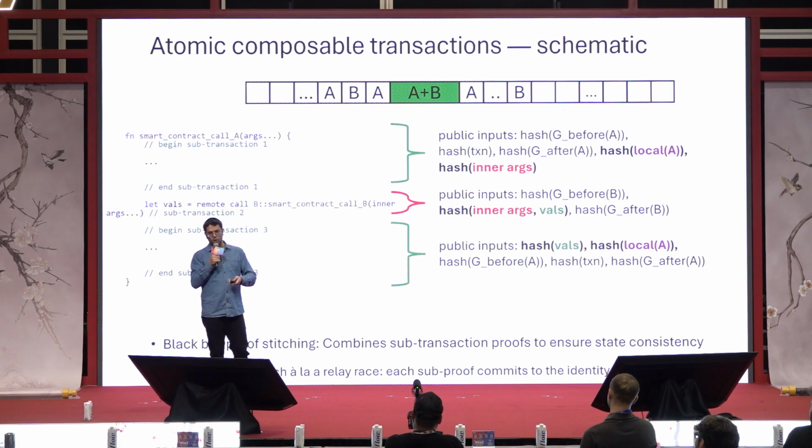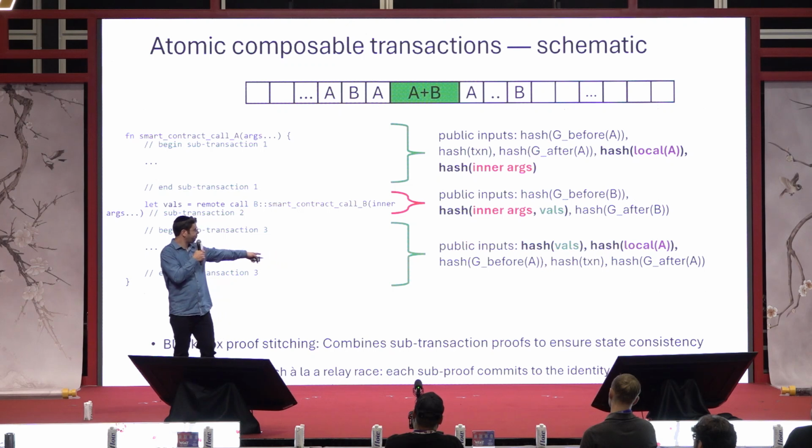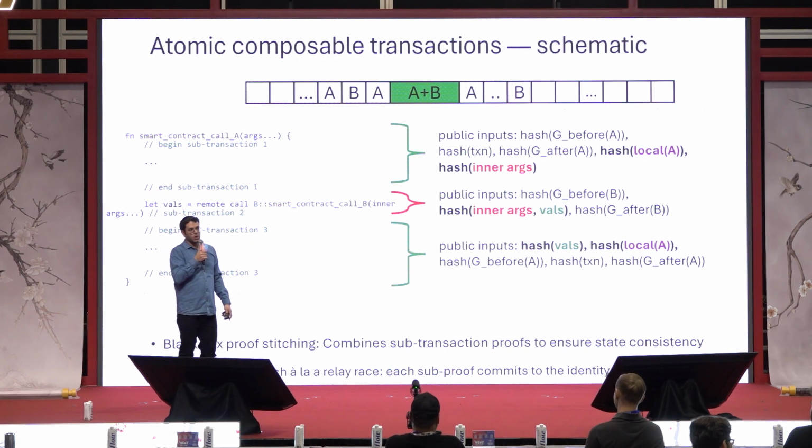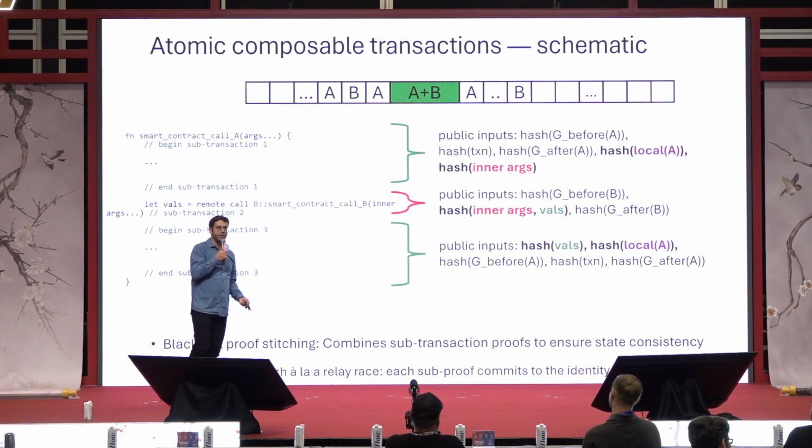So how would rollup A continue to execute the second segment without waiting for the proof of rollup B to arrive? It needs to know the output of rollup B, so it either needs to execute rollup B itself or trust it, in a sense.